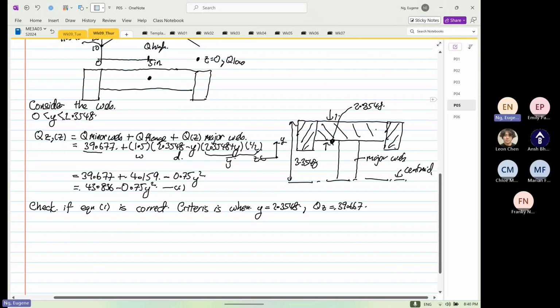Okay, so when we substitute this in, so Qz when it's at 2.3548, it's equal to 43.836 minus 0.75 multiplied by 2.3548 squared.